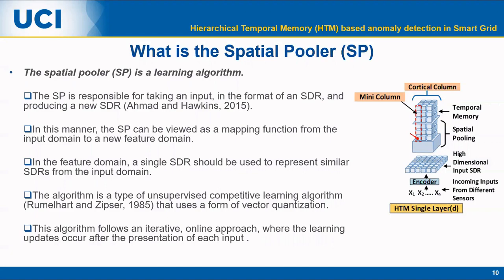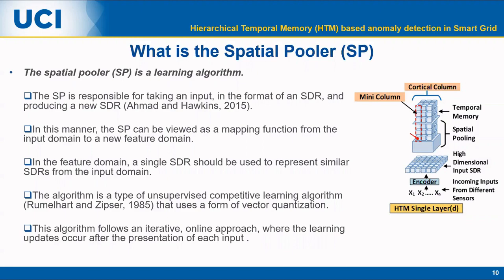In the feature domain, a single SDR should be used to represent similar SDRs from the input domain. The spatial pooling learning algorithm is an unsupervised competitive learning algorithm that uses a form of vector quantization. This algorithm is an iterative, online approach-based algorithm.